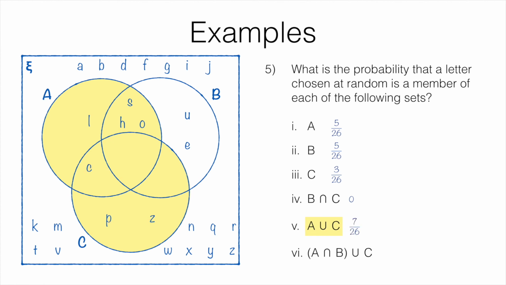So the probability we're looking for is 7/26. Finally, in part 6, we're looking for this region, which we already saw in question 4. You'll notice that there are 1, 2, 3, 4, 5, 6 elements or members of this particular set. So the probability is going to be 6/26.